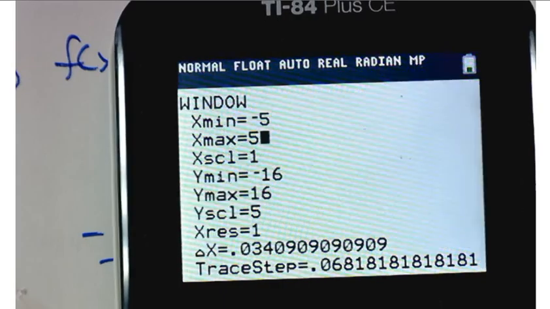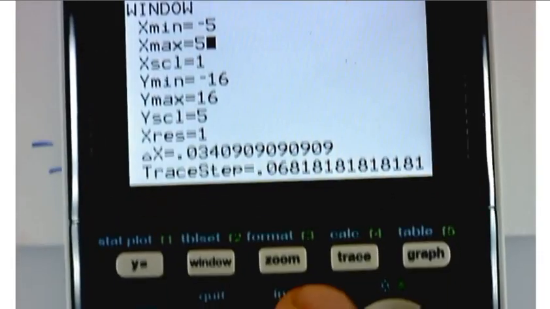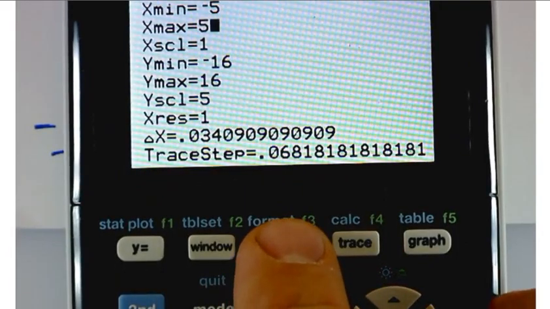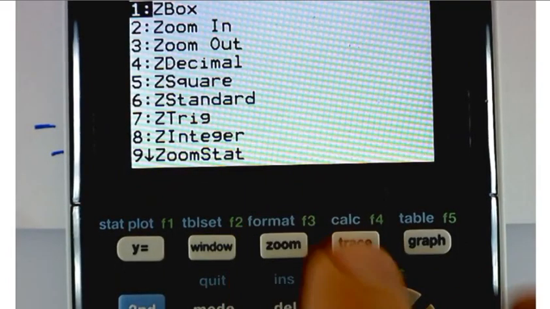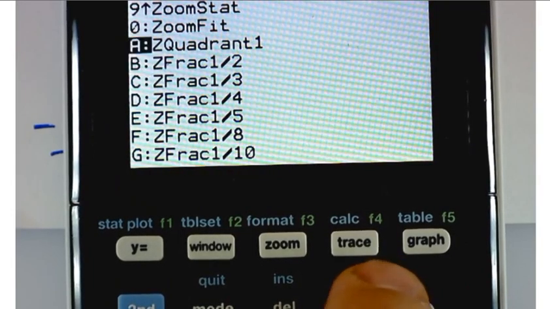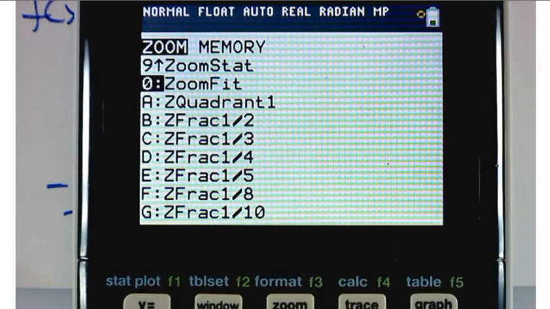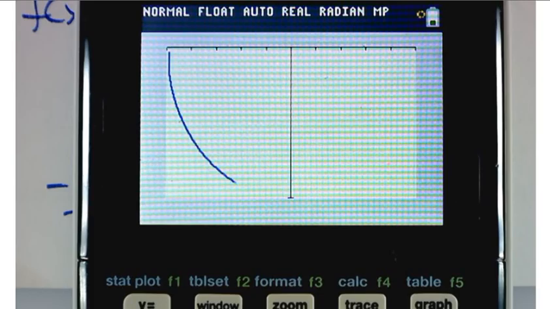Here's where we do a little calculator magic. There's a zoom key across the middle. Press zoom, and then we want zoom 0, because zoom fit is going to adjust your y coordinates to fit the function. So type zoom and then press the number 0, and it should give you the bottom half of a circle.